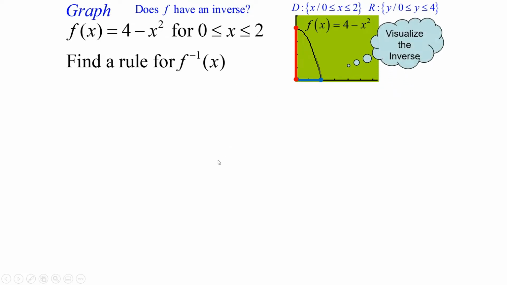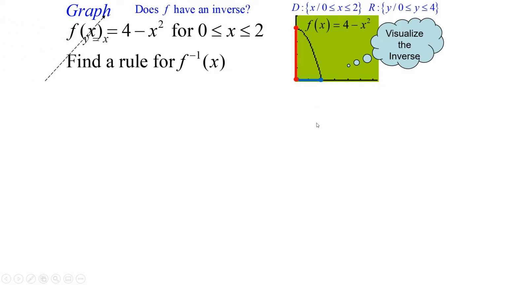Okay, so let's just visualize the inverse right now. And you guys, I'm hoping you have an idea that inverses are simply reflections of each other over the line y equals x. So if I'm going to visualize an inverse function, I visualize the line y equals x, which is the line going through the origin with a slope of 1.